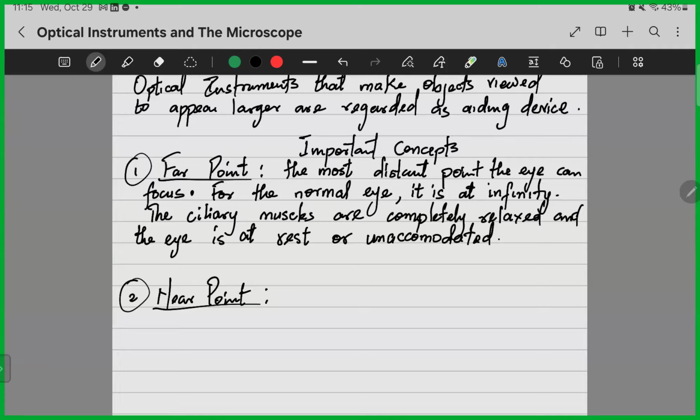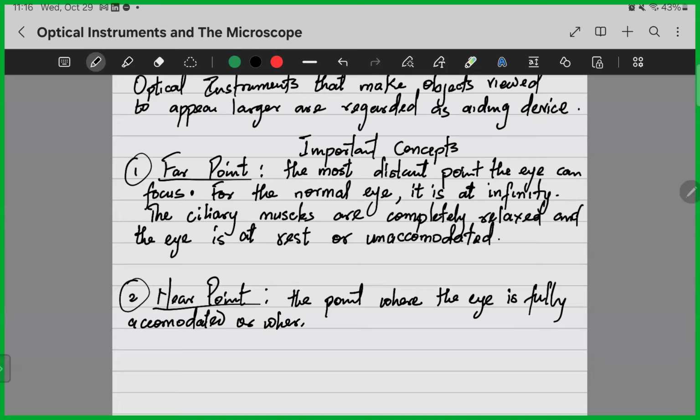As for near point, the point where the eye is fully accommodated, or where the limit of accommodation is reached.